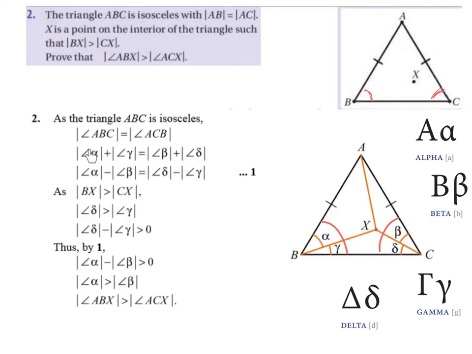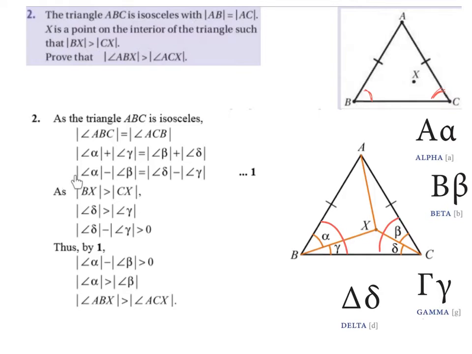So I have angle alpha plus angle gamma is equal to angle beta plus angle delta. I can bring angle beta over the equal sign, it becomes minus angle beta. And I can bring angle gamma over the equal sign, it becomes minus angle gamma. So I have angle alpha minus angle beta is equal to angle delta minus angle gamma.